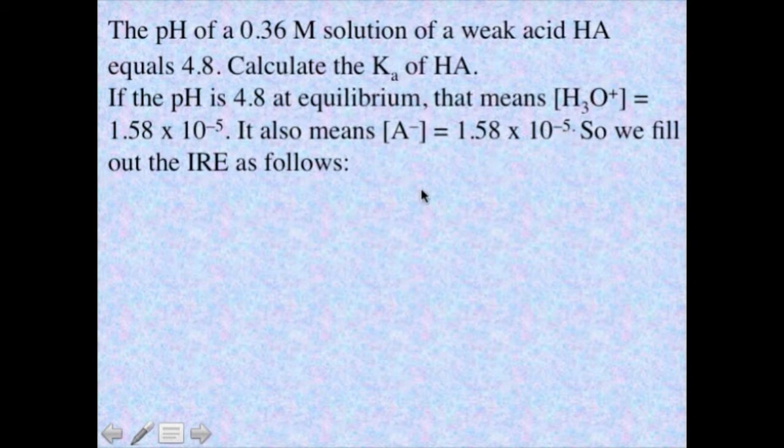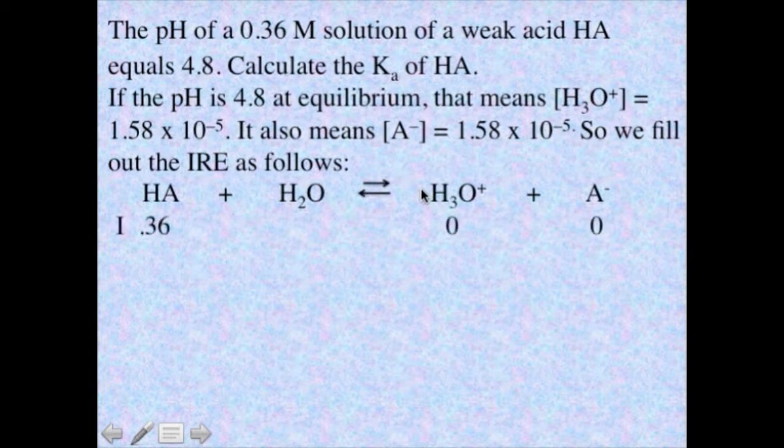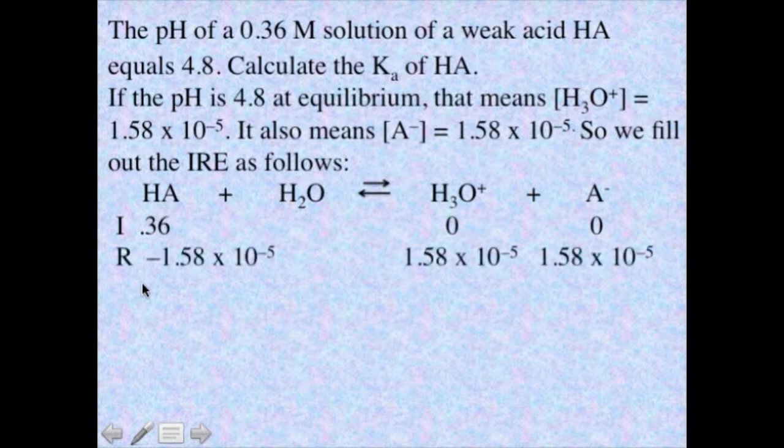So we fill out the IRE as follows. Here's our reaction. Initially we have 0.36 molar of the HA. A quantity of it reacts, which we determined from the pH to be 1.58 times 10 to the minus 5.